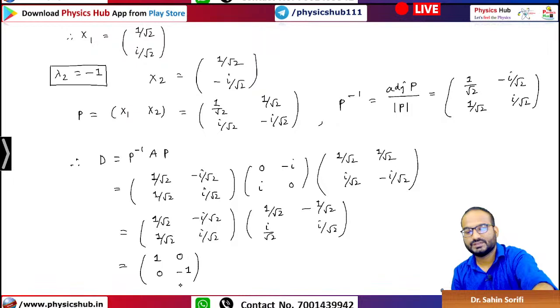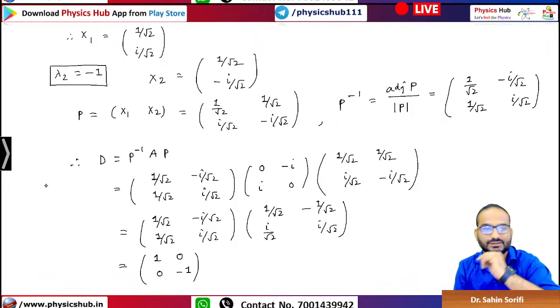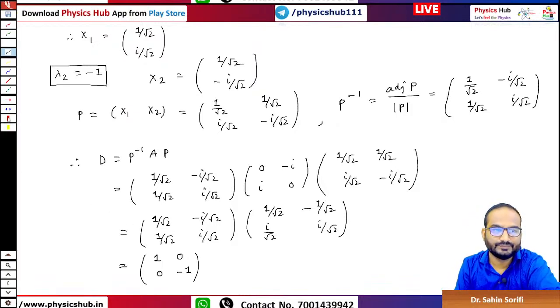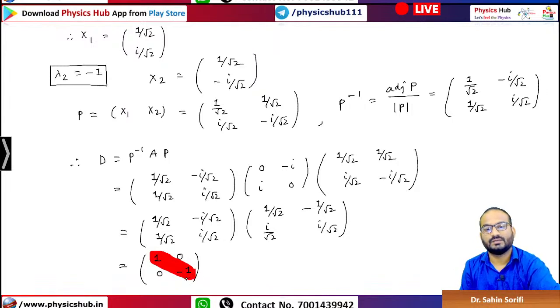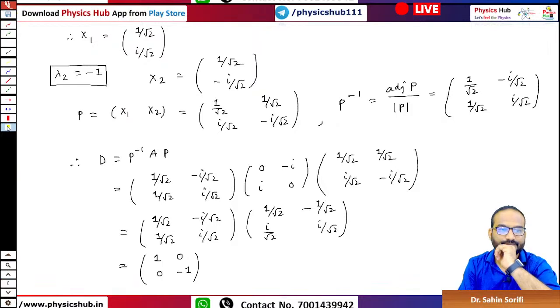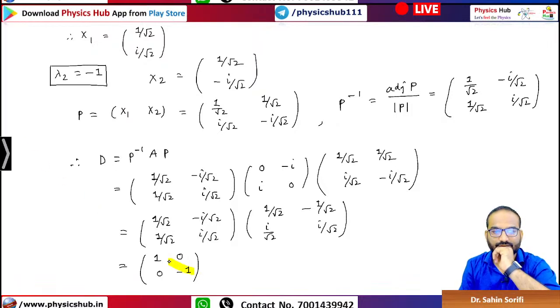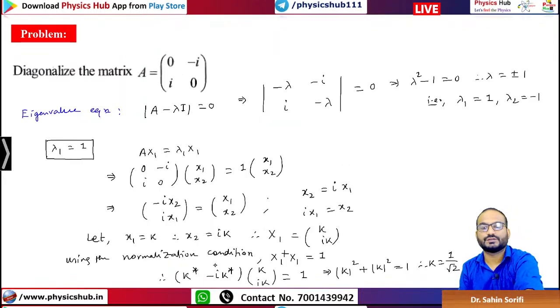If you closely notice what we have ultimately got, what are these numbers, 1 and minus 1? These were the eigenvalues, which ultimately come after all these operations.